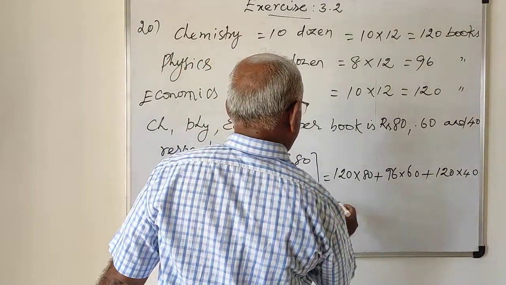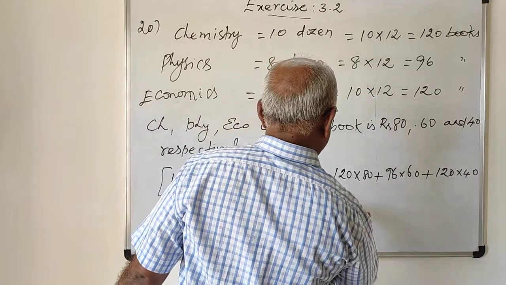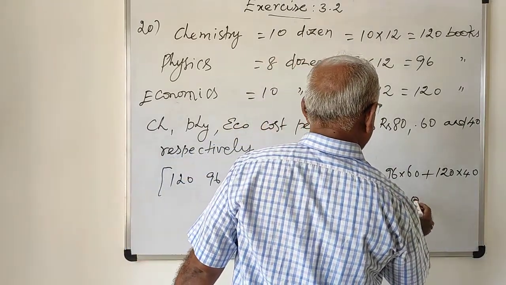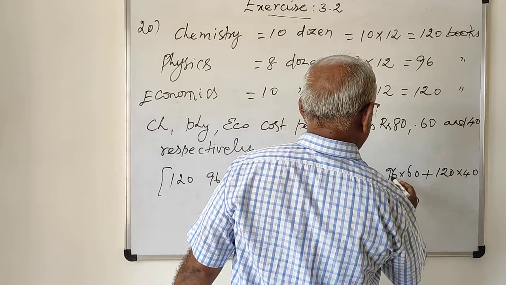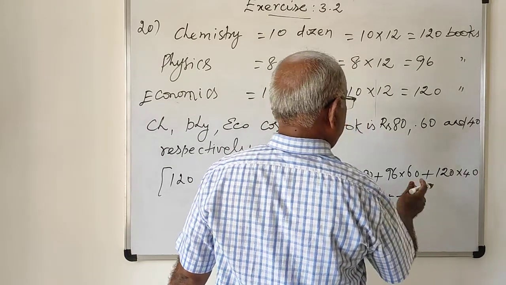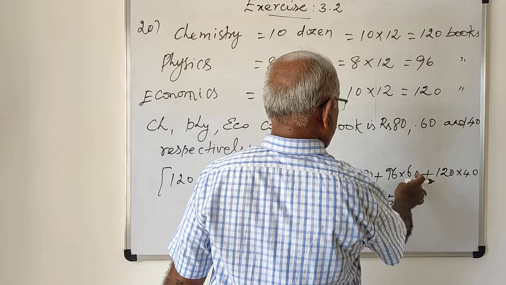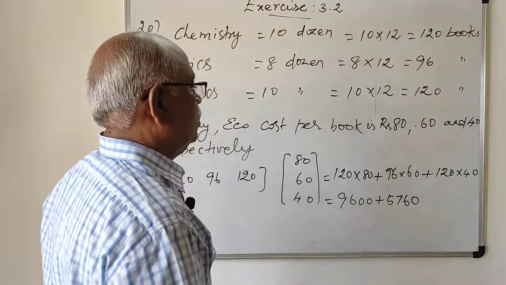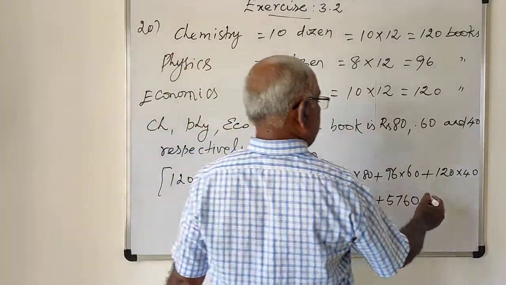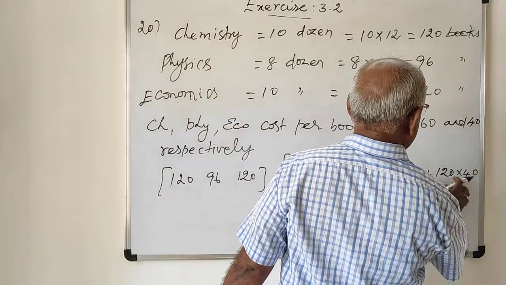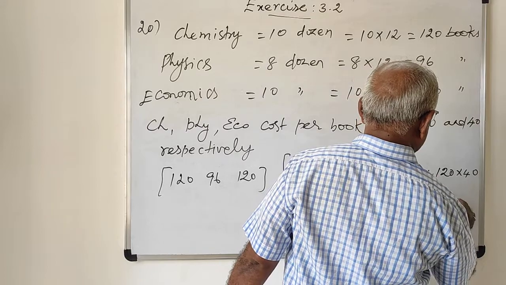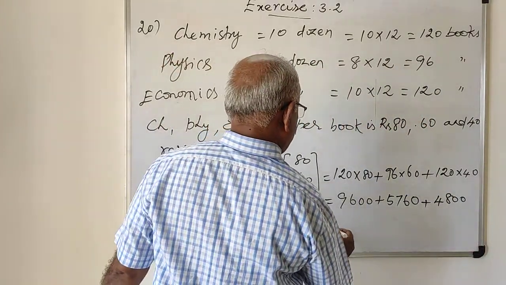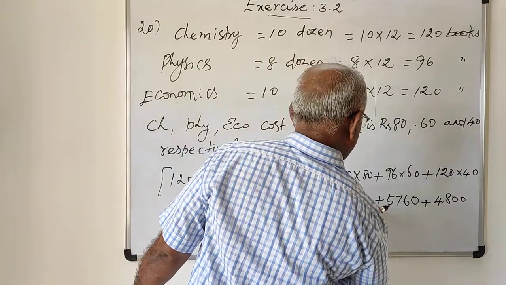That is equal to 9,600 plus 5,760 plus 4,800. 6, 6 are 36, 6 9s are 54, plus 3, 57. Similarly, 4 12s are 48, 4,800.